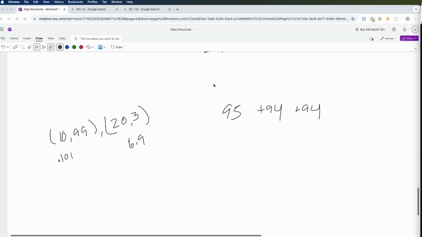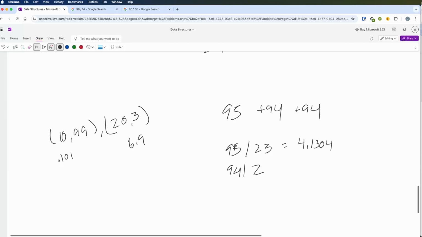But okay, so 95 over 23 or 94 over 2. So I'm going to do 95 divided by 23 is 4.134.